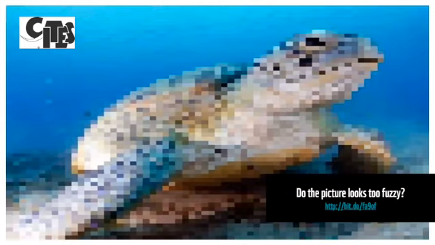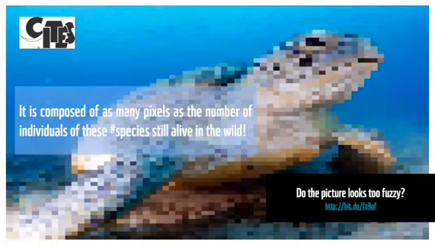This is basically a picture posted by CITES some time ago in 2018. It is composed of many pixels, which is pixelated, and represents the number of individuals in the world. So the situation of the sea turtle, for example, is not as good as it is supposed to be naturally.